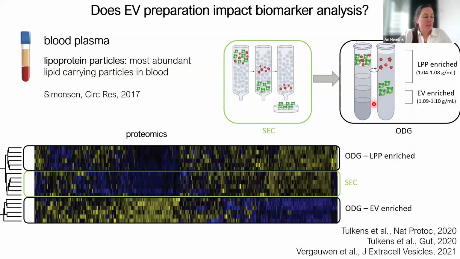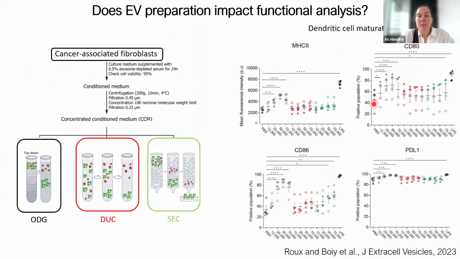Now, it's not only a consideration in terms of biomarker analysis, but the choice of method can also impact downstream functional analysis of extracellular vesicles. In this particular study, we implemented a similar strategy, but instead of preparing conditioned medium from breast cancer cells, we now prepared conditioned medium from cancer-associated fibroblasts.